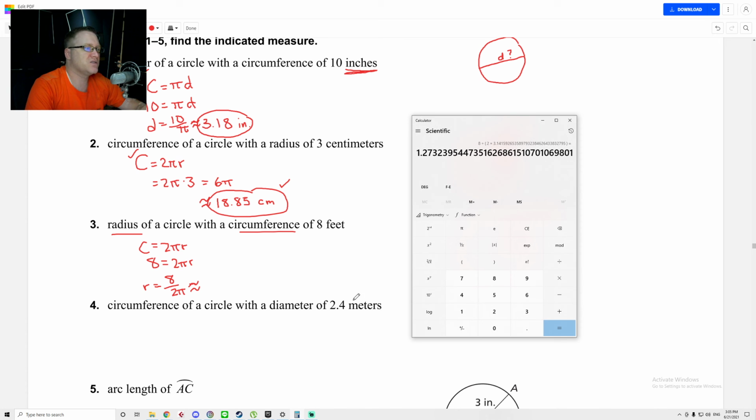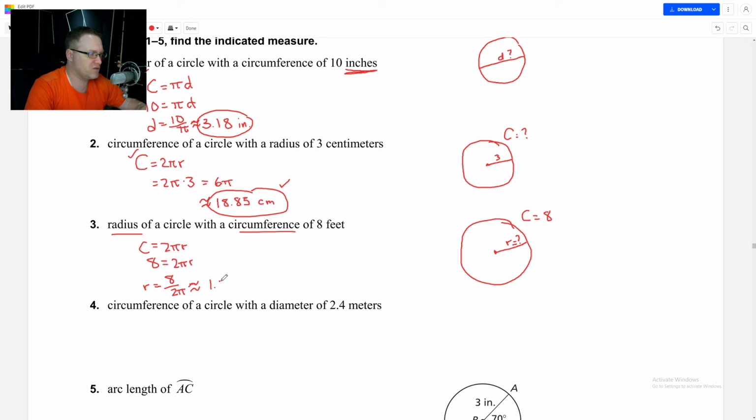And this is the answer, 1.27. It's feet, the short for feet is FT. So that's the answer, 1.27 feet.